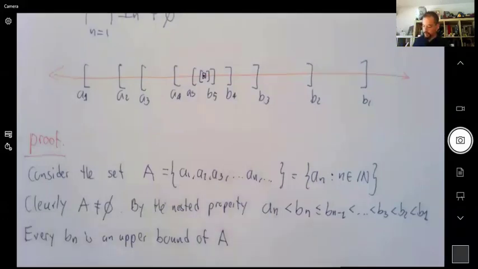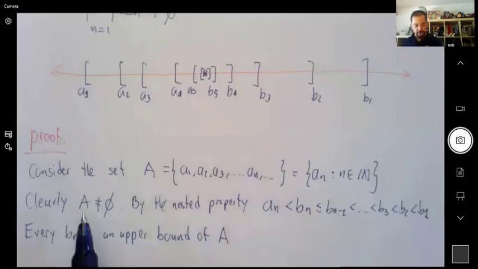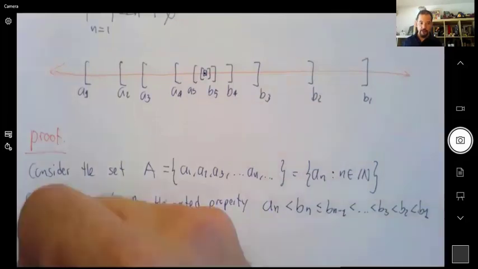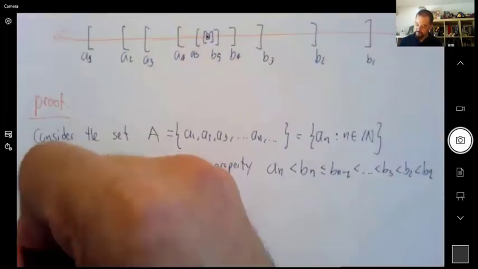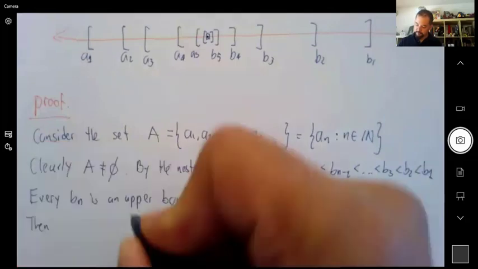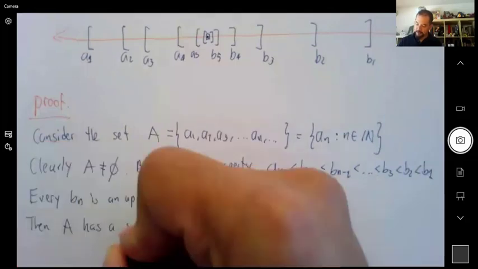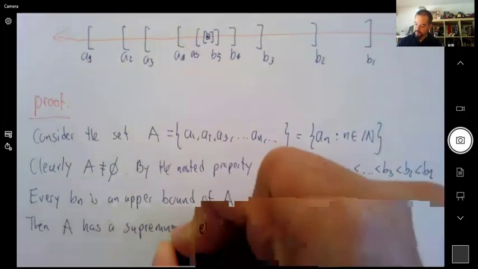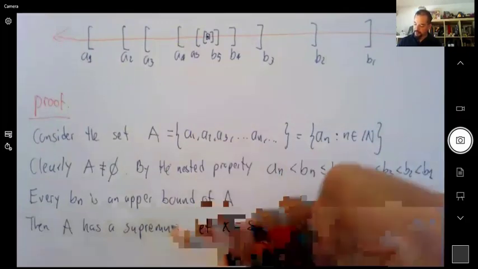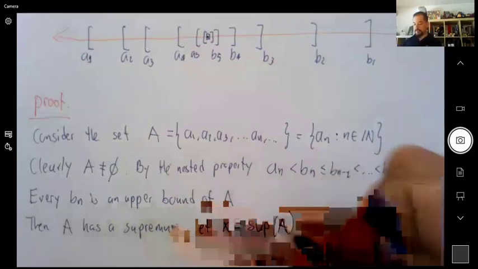Okay, so then definitely we can talk about the supremum. So let's give it a name. Let's call it X. Let X be the supremum of A. All right, and this is my guy.